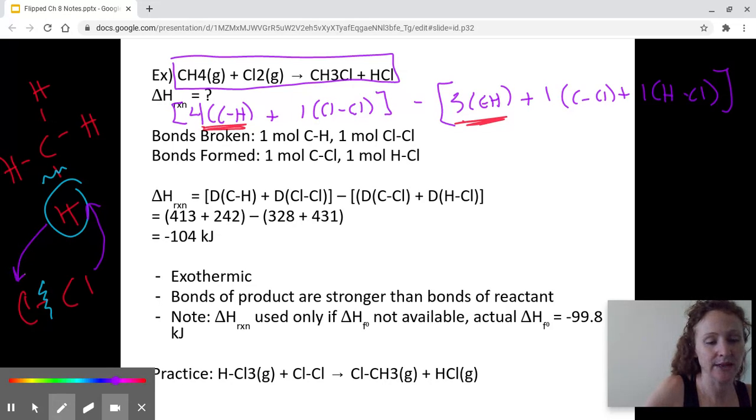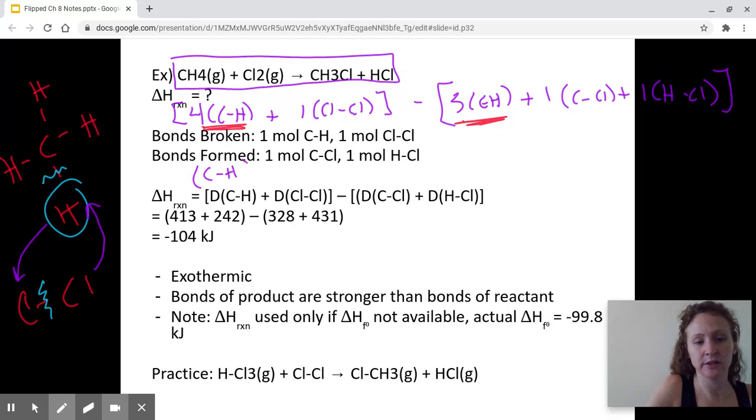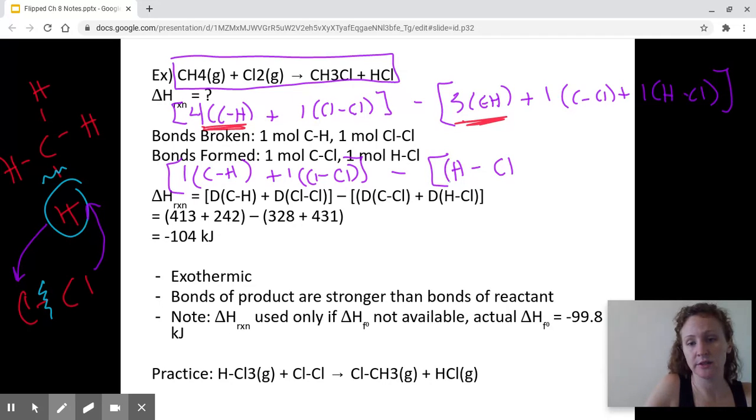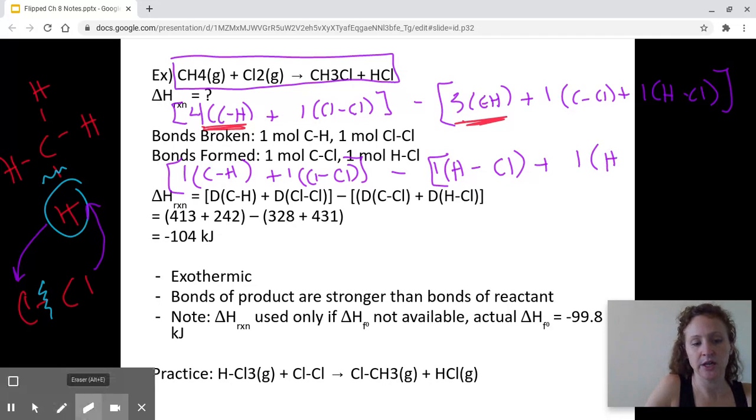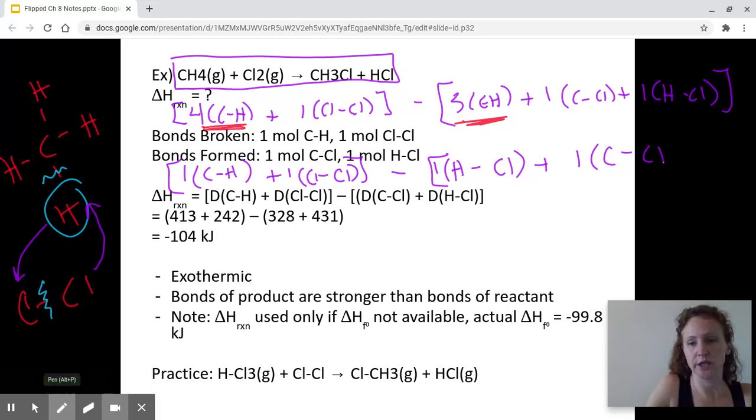So we can also write this in a more succinct way where we're going to break a carbon hydrogen and a chlorine, and we're going to form a hydrogen, chlorine, as well as a carbon, chlorine.